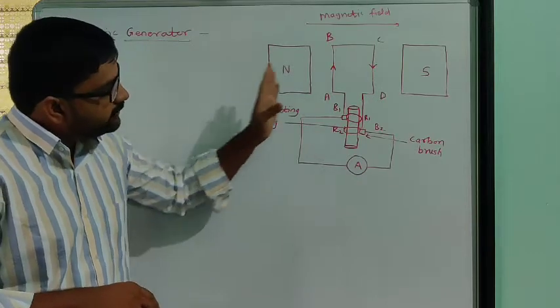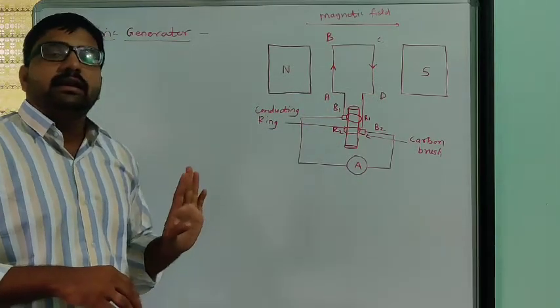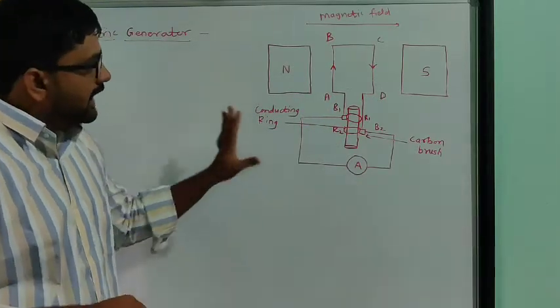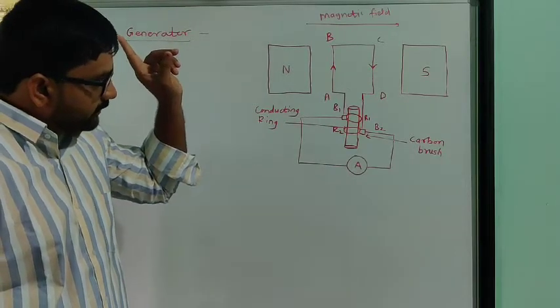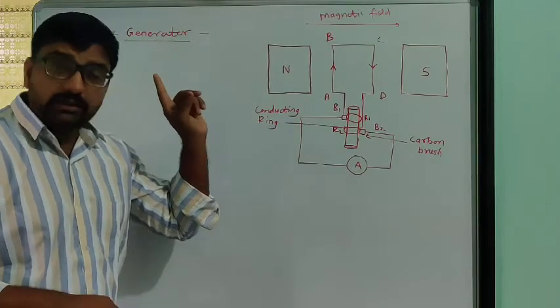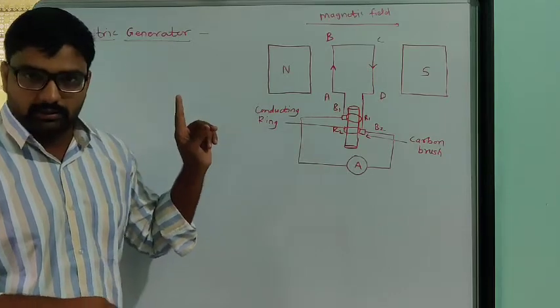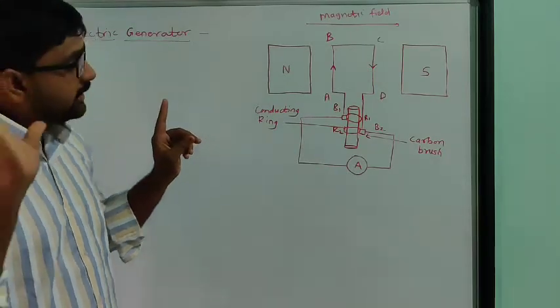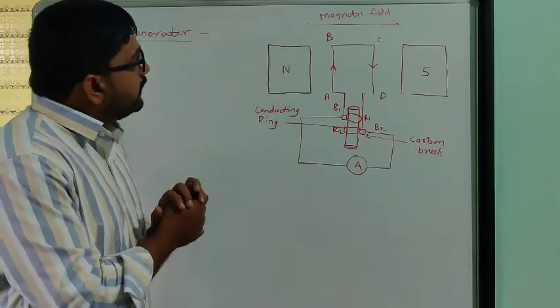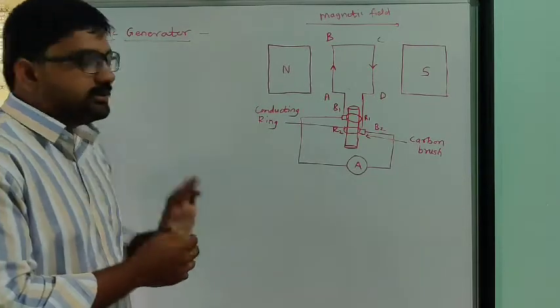That concept is used here in the electric generator. A similar diagram we also see in the case of the electric motor, but here we have to see the working of the electric generator.